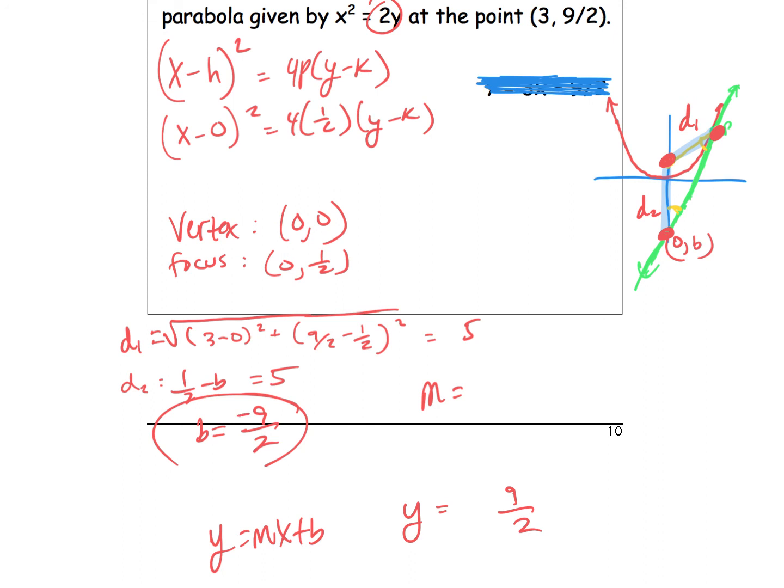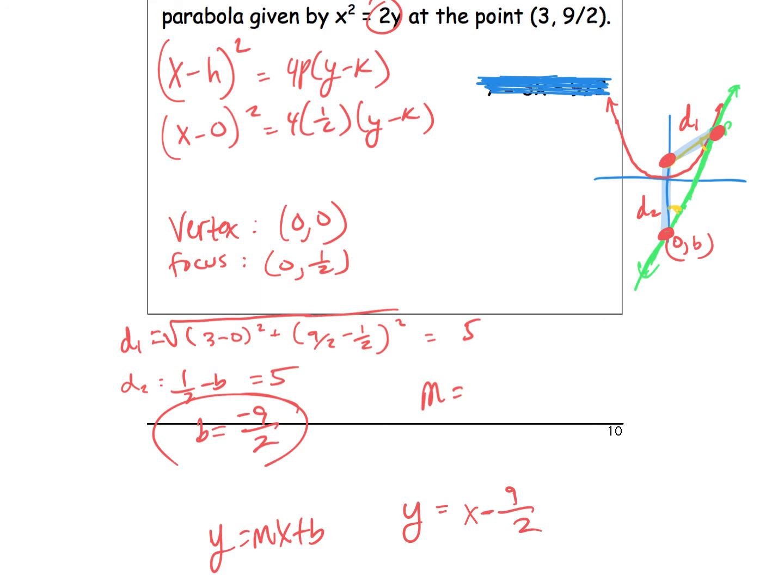I'm sorry, guys. We just need our m. How do we figure out what the m is, actually? Yeah, you can just do the slope formula. We have 2 points now. We have the original (3, 9/2) given, and we have the y-intercept (0, negative 9/2).